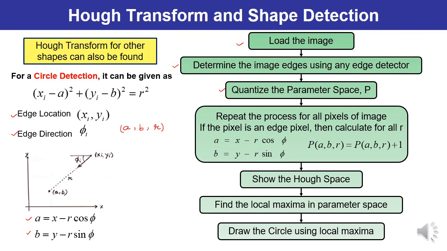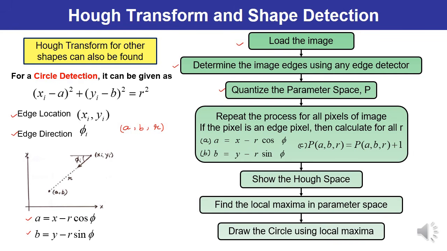If the pixel is an edge pixel, then you have to calculate the values of a and b for all r. As I have told you, a is nothing but x minus r cos phi, b is y minus r sin phi, and then the third point you need to calculate is denoted as P, the parameter space.